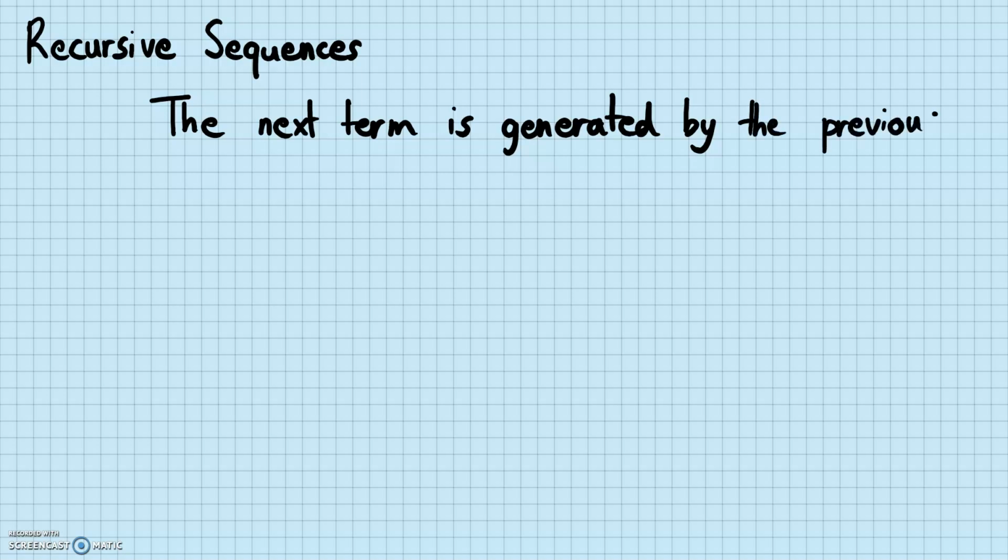Now, if you remember our sequence of odd numbers, 1, 3, 5, 7, etc. And if you remember that our algorithm was 2n minus 1.